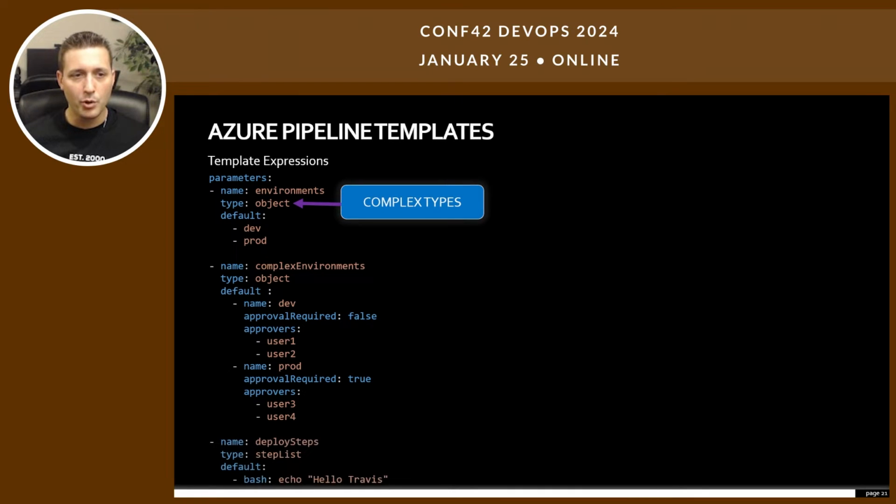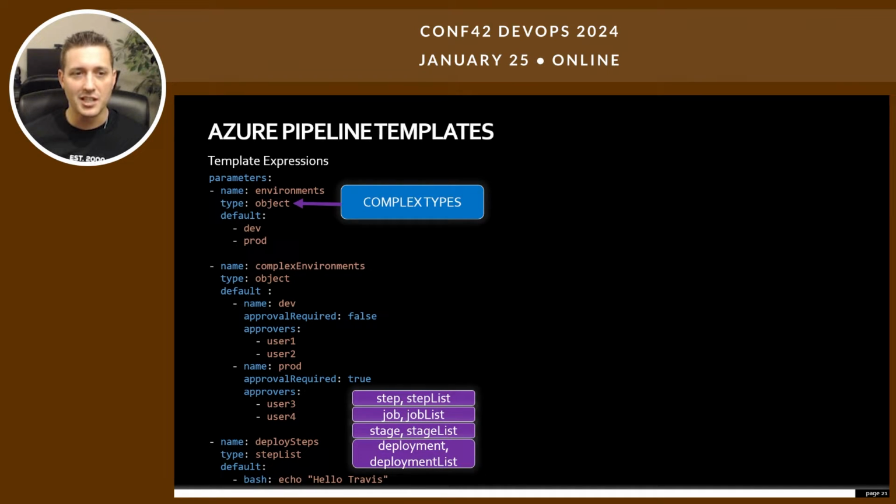When we create our deploy steps, before I get to that, I should say you can also have a special type of parameter here that is a step list, and that allows you to actually pass in steps. So we can have a user of the template provide, here are steps that I want to use, and it recognizes steps as a complex type. Same with job and job list, and same with stage and stage list and deployment list. So you can pass in these as well-known types.